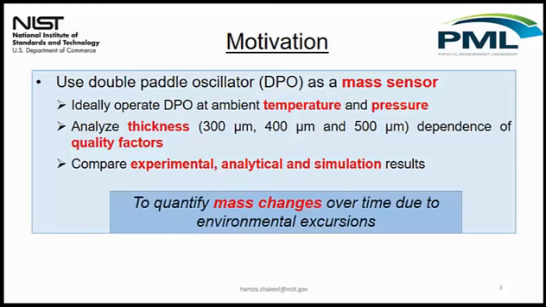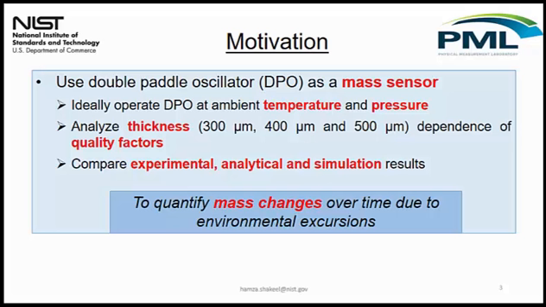What is the main motivation for using this particular type of oscillator? Going with the scope of what NIST does, we are using these to quantify how mass varies over time. Some of you may have heard that there is a very big international effort to redefine mass, or to redefine the kilogram in scientific units.